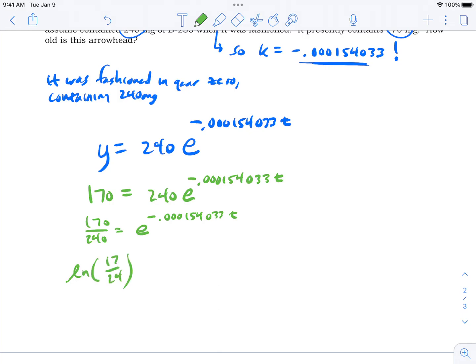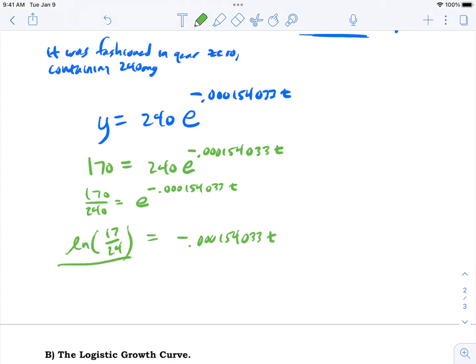Just cancel 10s top and bottom. Like I say, the hardest part about these problems is copying the k's down. Then divide both sides by that negative 0.000154033. Do that on both sides. And you've got t. T equals.